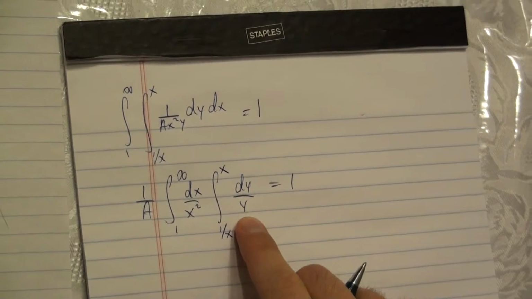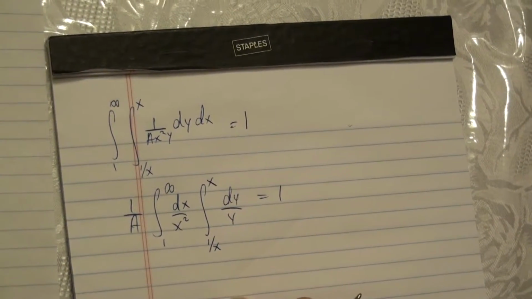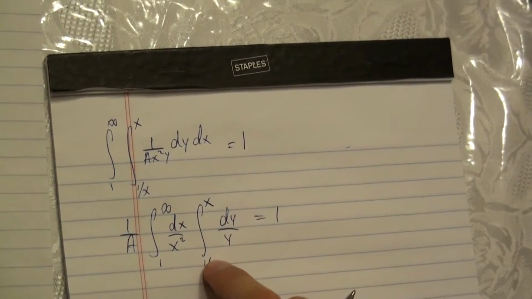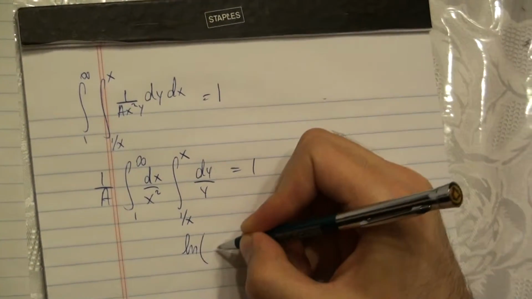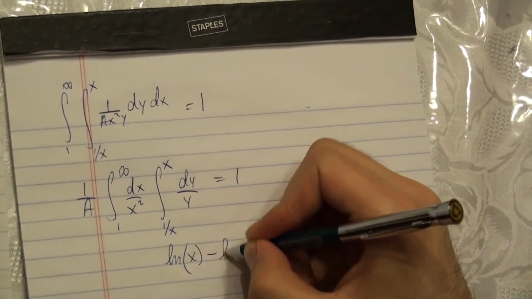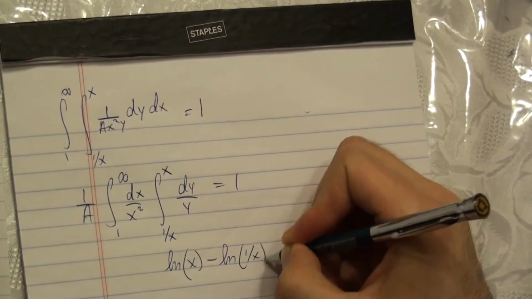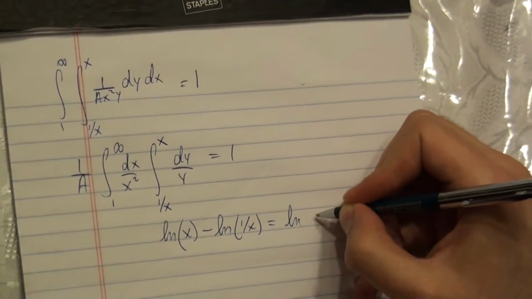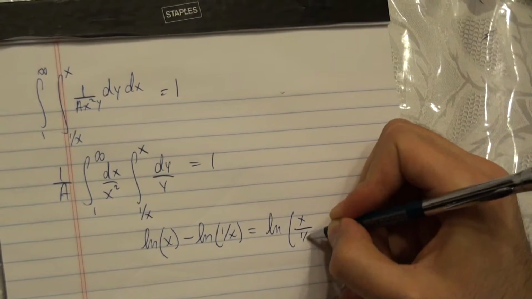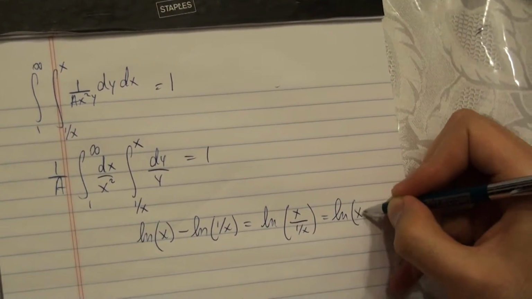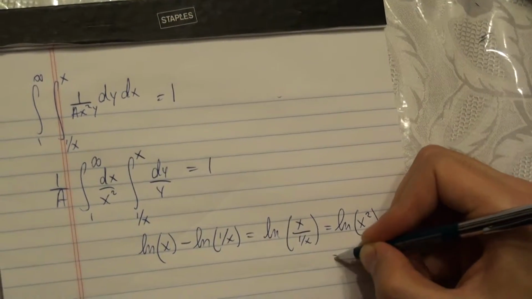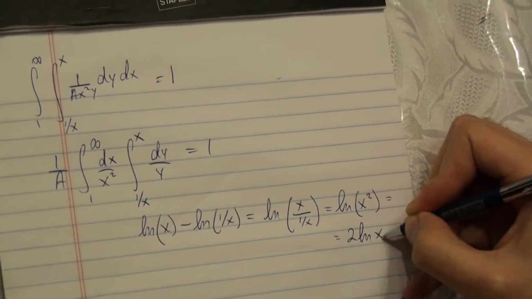This first integral is natural log from 1 over x to x, which is the same thing as writing natural log of x minus natural log of 1 over x, but this is just natural log of x over 1 over x, which is equal to natural log of x squared, which is equal to 2 ln of x.